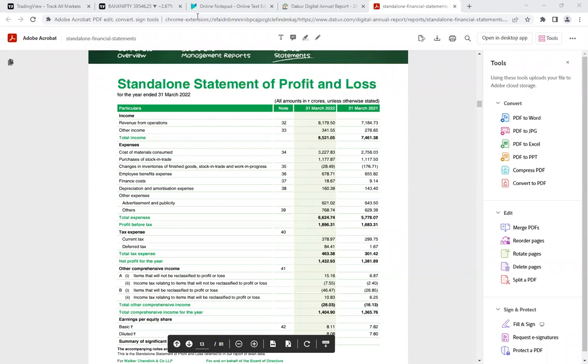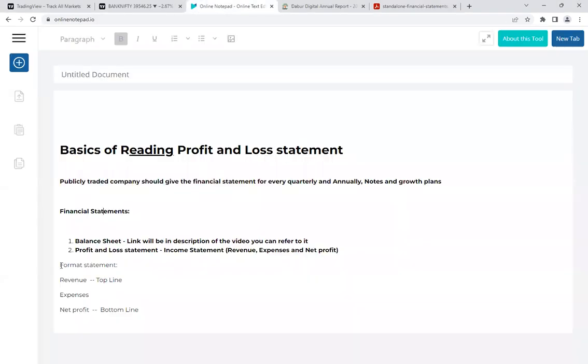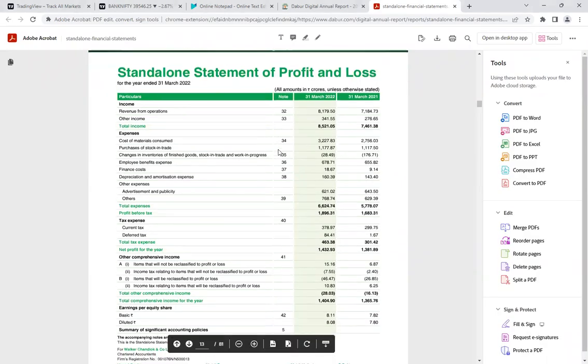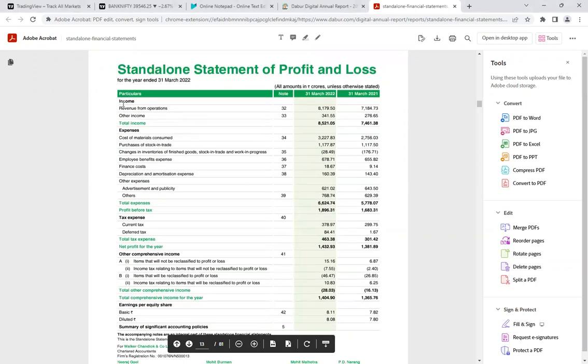Here, as I mentioned just now, is the format of the statement. First they will provide you the revenues, then the expenses, and then the total profit out of the revenue, whatever profit is left after paying the expenses. As you can see, they mention income, so revenue is also known as income.